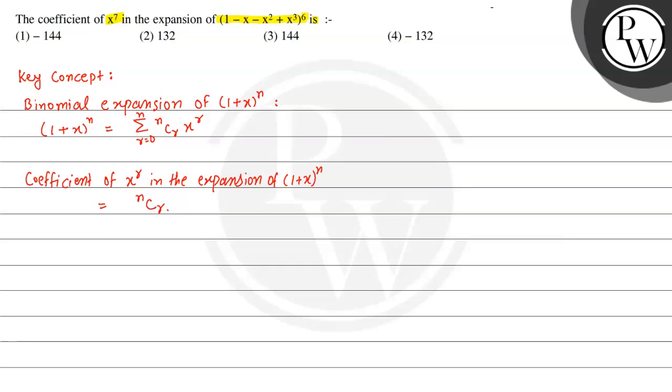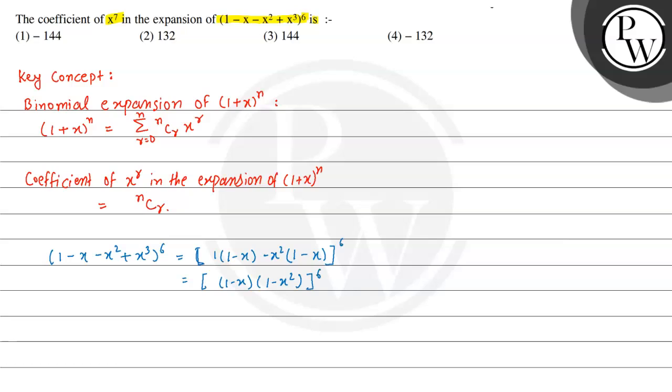We have been given the expression (1 - x^2 + x^3)^6. We can write this as 1 multiplied by (1 - x), and then if we take -x^2 common, it will be (1 - x). Again, taking 1 - x common, we can write (1 - x) multiplied by (1 - x^2), whole to the power 6.